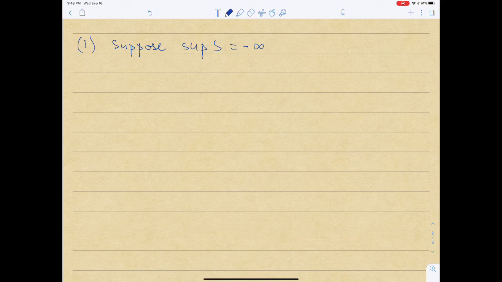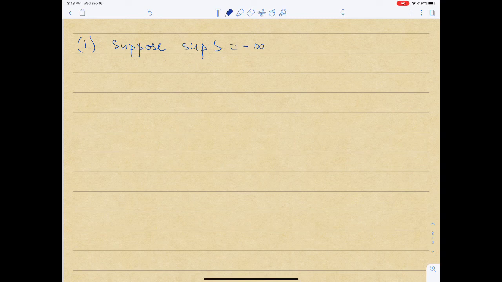Well, so this means what? It means that all elements of a set S are going to be below that minus infinity. But that is really not possible, right? Because if the largest element in your set is less than minus infinity, then that's a contradiction, right?